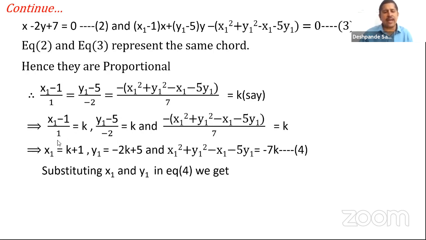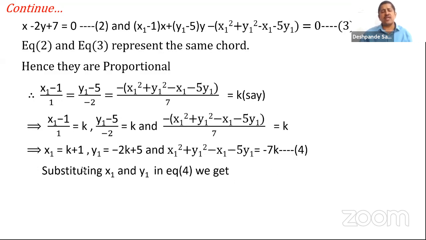So when you cross multiply, you get x1 is equal to k plus 1, y1 is equal to minus 2k plus 5, and the third term x1 square plus y1 square minus x1 minus 5y1 is equal to 7k. But you have got a minus here, so remove the minus sign, so on the other side you get minus 7k. So this is another equation in terms of x1, y1 and k.